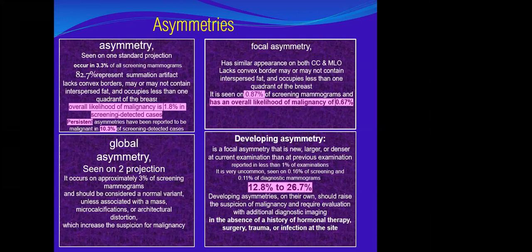But if the asymmetry is persistent, then the reported malignancy will rise up to 10.3%. Okay. So how could we approach the asymmetry?